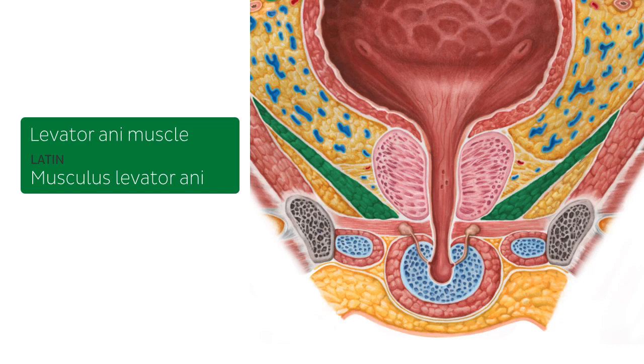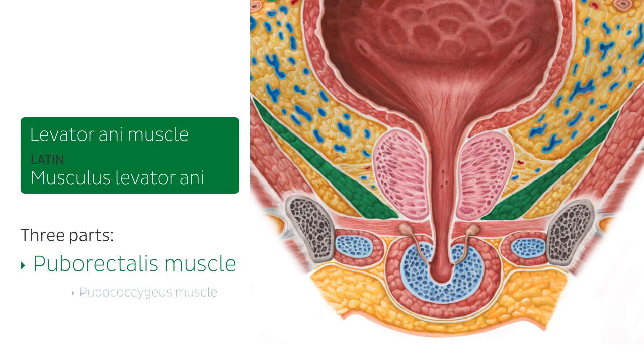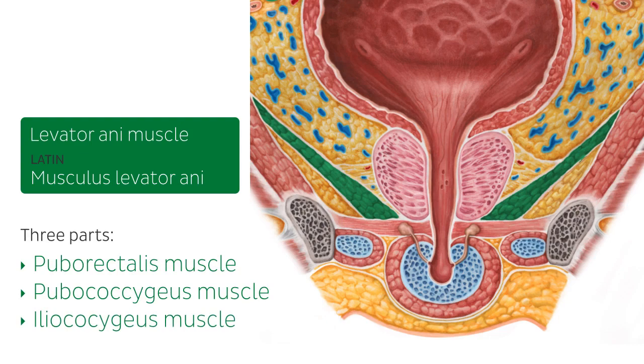It originates from either side of the pelvic wall, coursing medially and joining with its opposite counterpart. It is a thin funnel-shaped muscle extending from the pubis and obturator fascia to the anus, and is made up of three parts, namely the puborectalis muscle, the pubococcygeus muscle, and the iliococcygeus muscle.